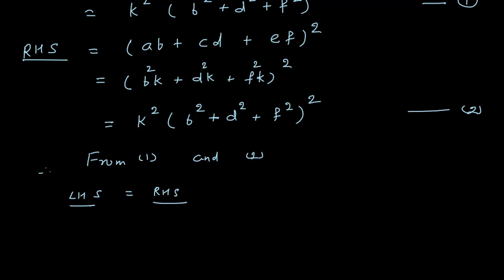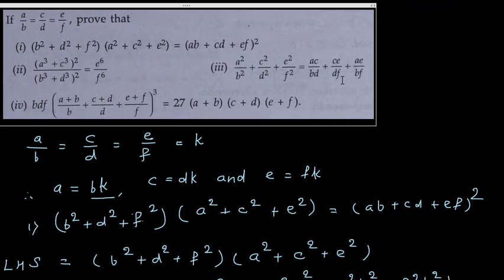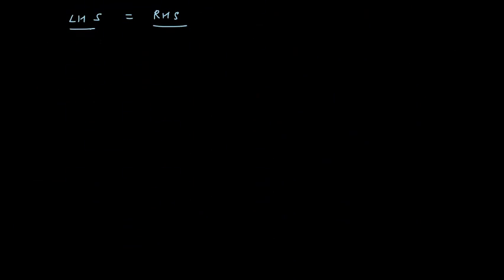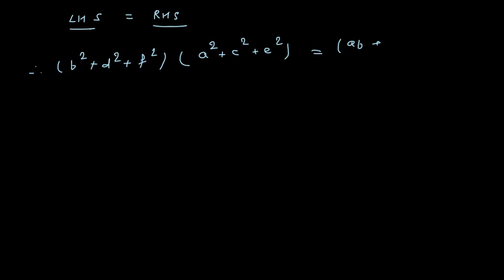So you can say that B square plus D square plus F square into A square plus C square plus E square is equal to AB plus CD plus EF the whole square. Okay, hence proved.